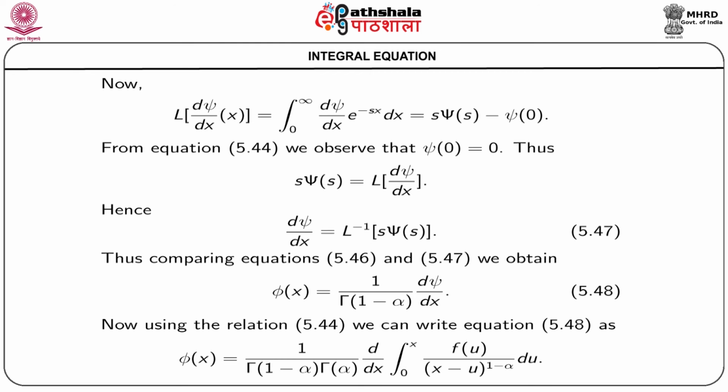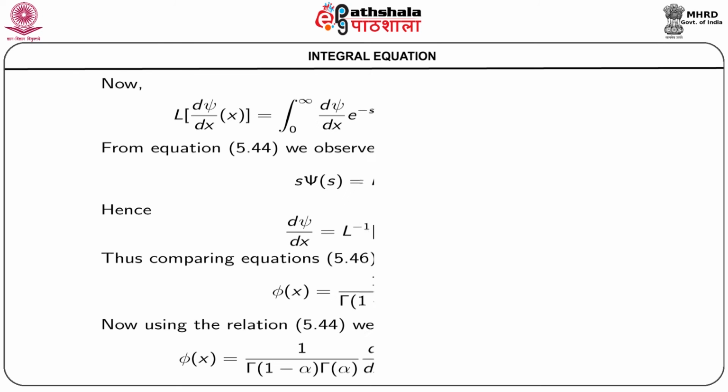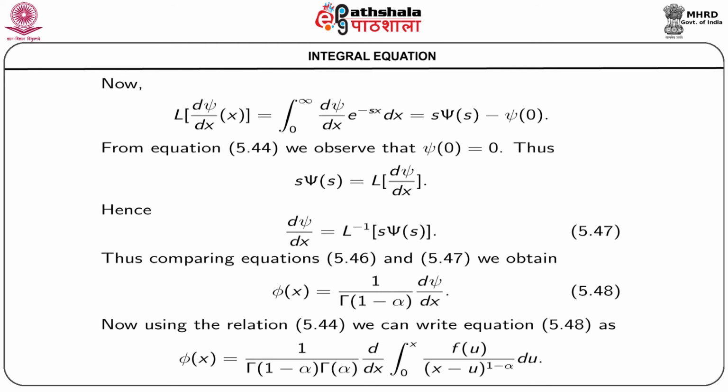Now, d psi by dx can be obtained from equation 5.44, and if we substitute d psi by dx in 5.48, we get phi as given by 1 by gamma 1 minus alpha into gamma alpha into d by dx of the integral from 0 to x of f u by x minus u to the power 1 minus alpha du.